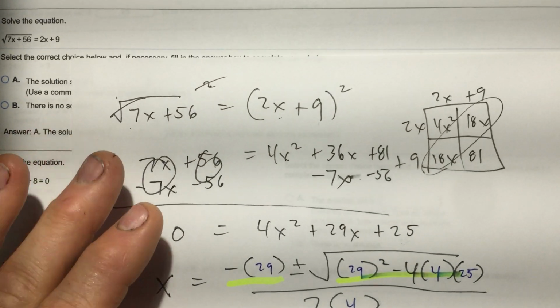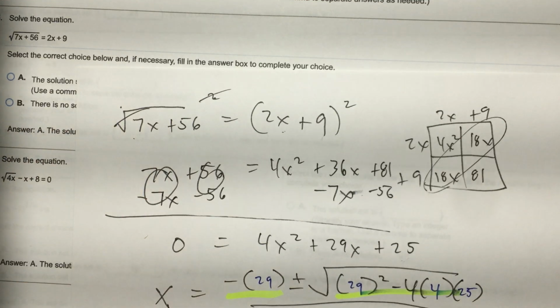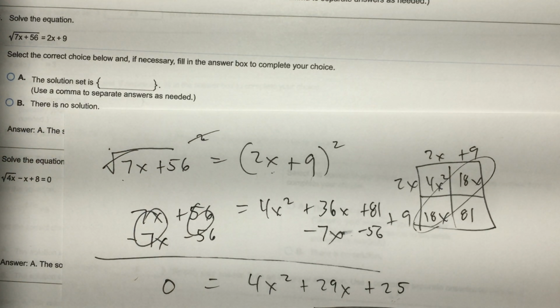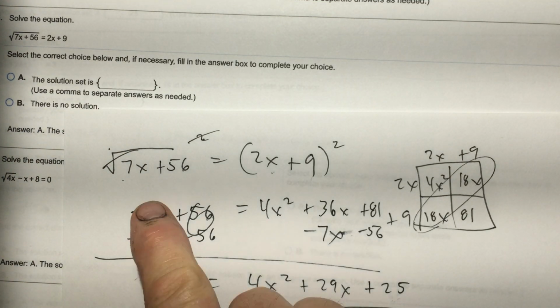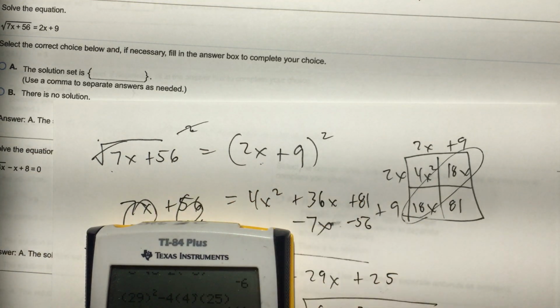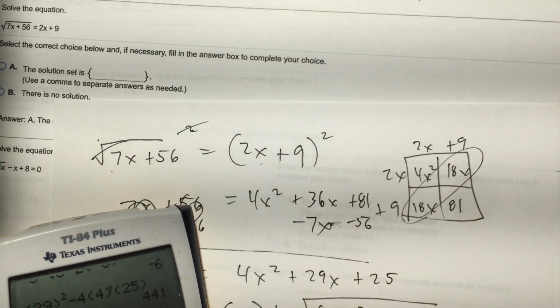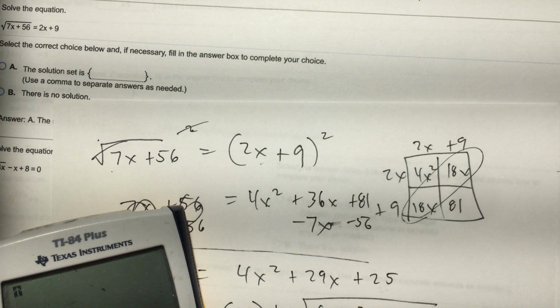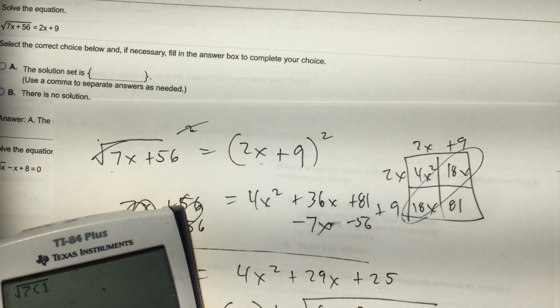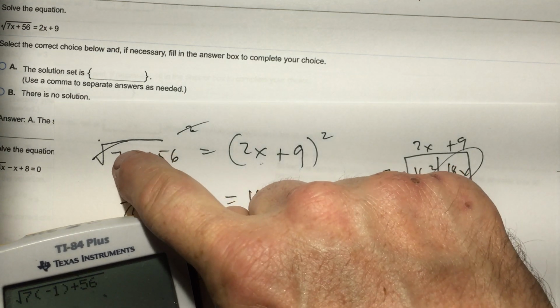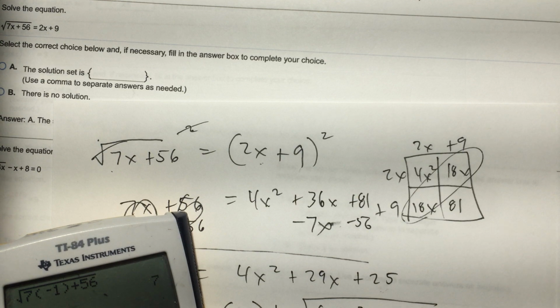So I'm going to have to come up here and put it in. Now this might be a little bit sticky, but I'm going to put negative 1 in first. So I got my radical, 7 times negative 1 plus 56. I put my negative 1 in here, and it gives me a 7 on that side.